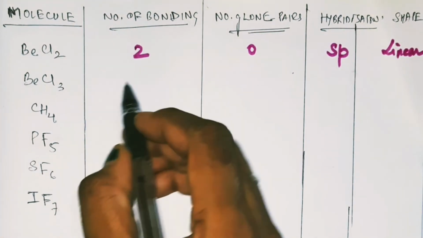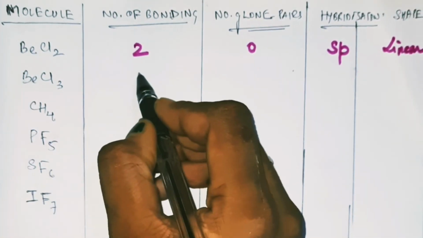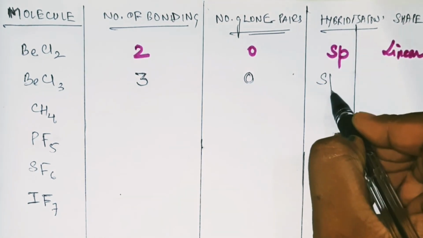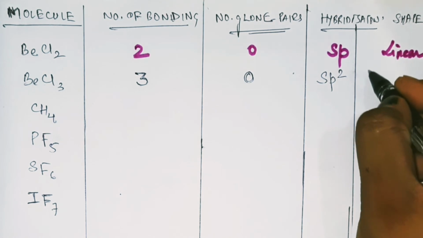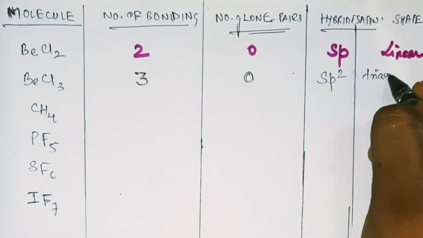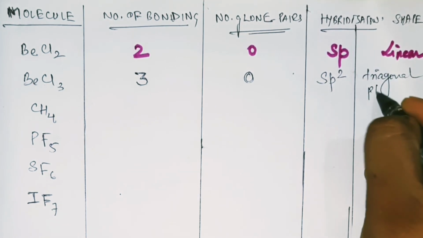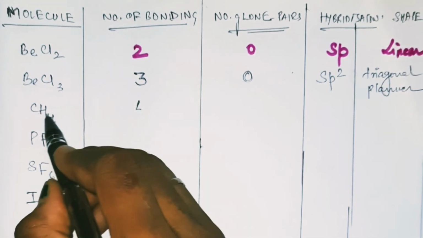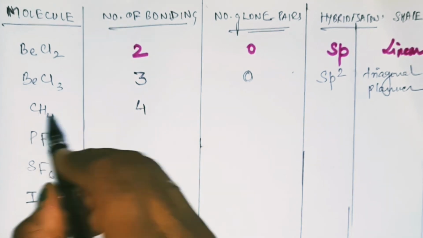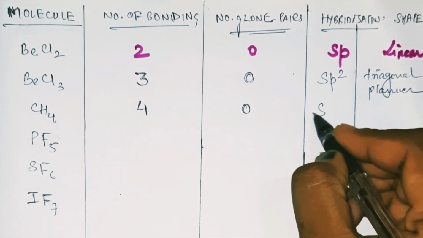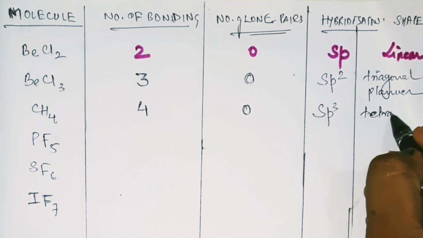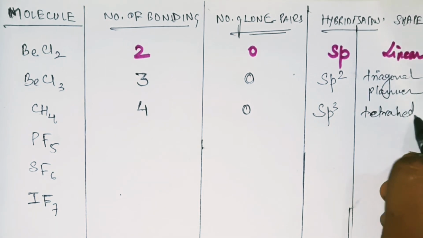Now this BeCl3, the number of bonds is 3, again lone pair 0, sp2, so trigonal planar. When it is 4, the number of sigma bonds is 4, number of lone pair 0, again sp3. So this is tetrahedral, perfect tetrahedral.